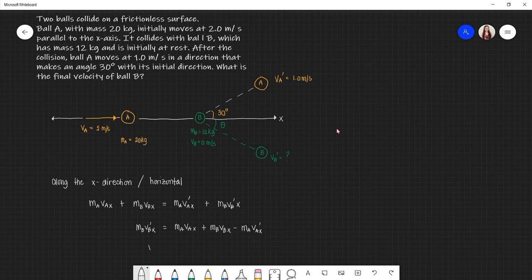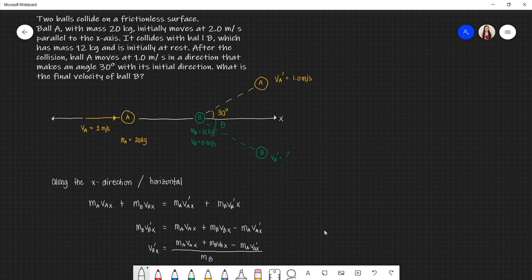So VB prime along the x is equal to MA VA along the x, plus MB VB along the x minus MA VA prime along the x, over MB.